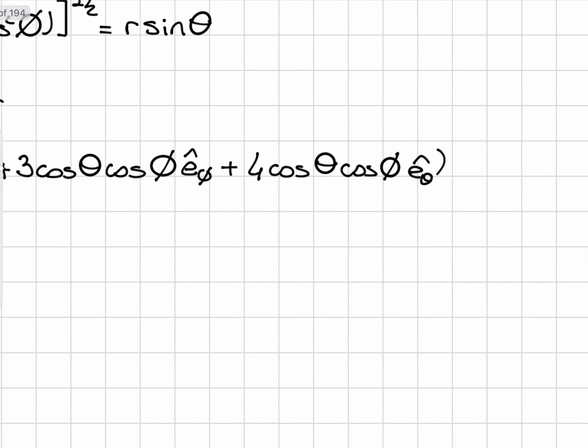And we're taking the dot product with r square sine theta d theta d phi in the e_r hat direction.